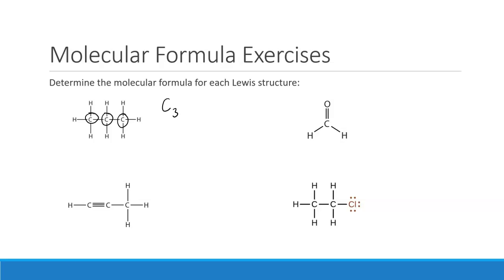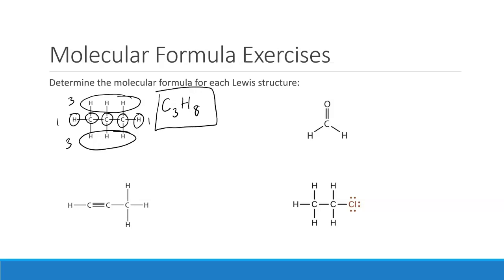And then we have nothing left but hydrogens. Okay, so we're going to count up the number of hydrogens. We have 3 on top, 3 on the bottom, and then 1 on each side. So 3 plus 3 plus 2 gives us a total of 8. And so our molecular formula for that first structure is C3H8.